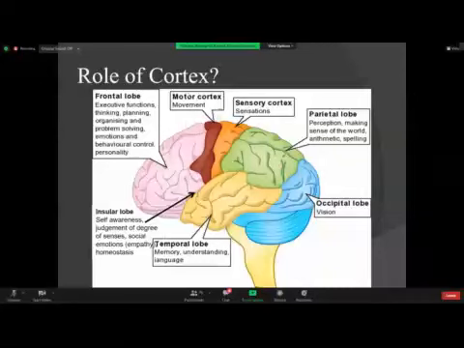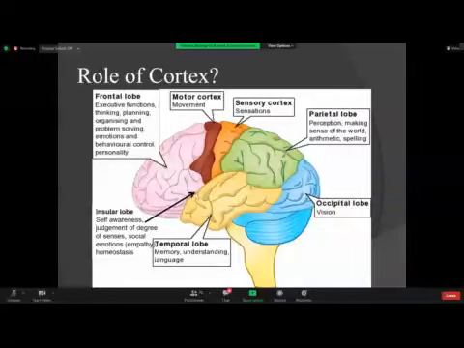We also have this motor cortex, the primary motor cortex over here, and then the temporal lobe, which is more to do with the memory, understanding, and language, speech in particular. It plays a very significant role.